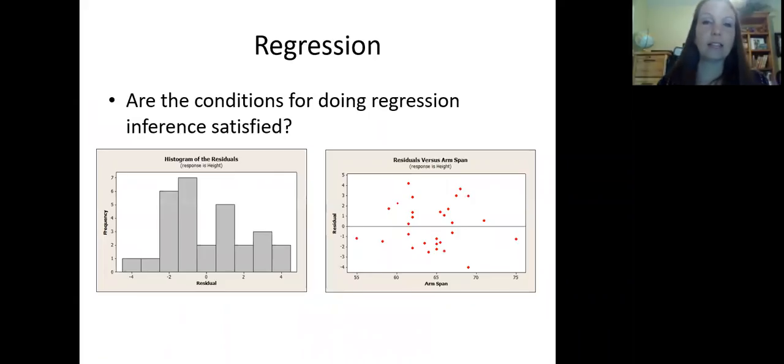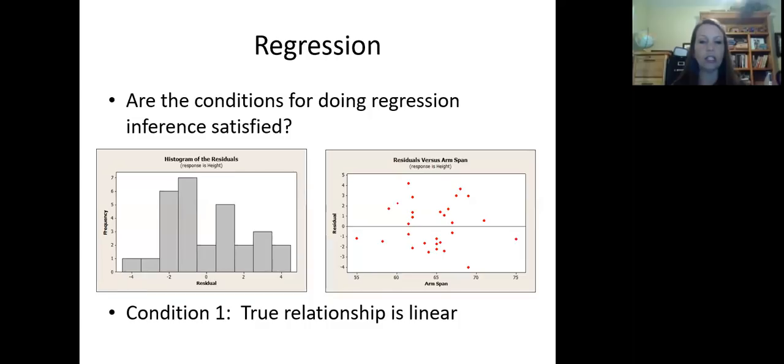All right, next, let's talk about whether or not we meet the conditions for doing regression in the first place, and whether or not our conclusions are valid. There are basically three different graphs that we look at to help us figure out if we're meeting the conditions. We can look at the XY scatter plot that we created initially. We're also going to look at a histogram of the residuals and a plot of the X variable versus the residuals.